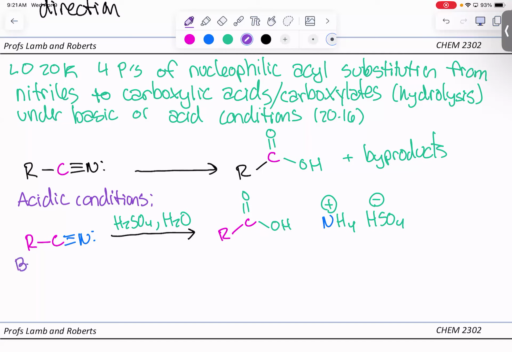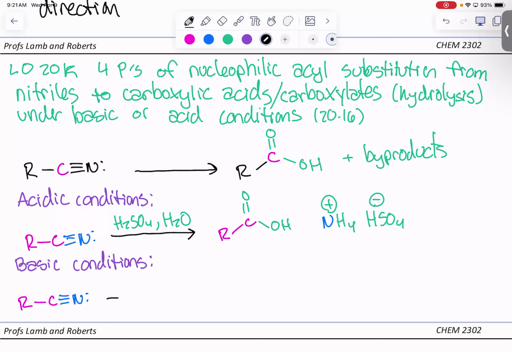All right, let's see what the basic conditions look like. It's going to have different byproducts, because now we don't have that extra acid to form our ammonium salt. So we're going to start out with that same nitrile.